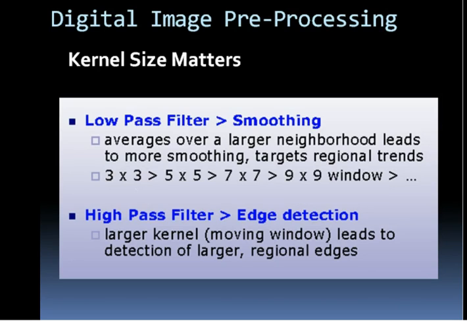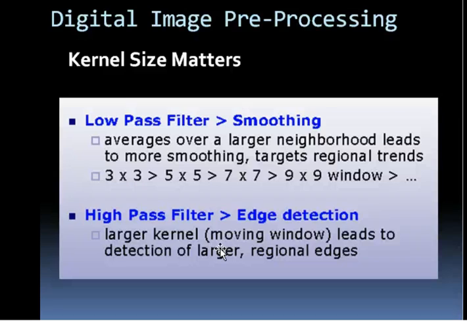Now for the high pass filter, the kernel size, again the size of our moving window, also impacts our edge detection. And essentially the larger the window, the more distinct the edges will be, because it's again taking a contrast over a larger area, but it's actually making it so that you won't see any edges of small features. So it's really helping you identify features of a particular size.